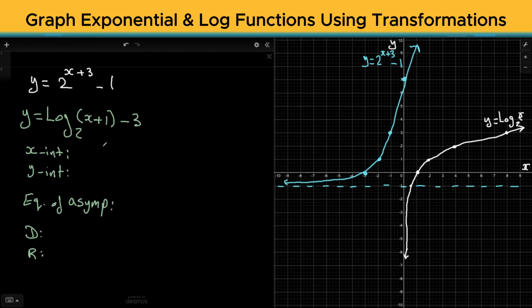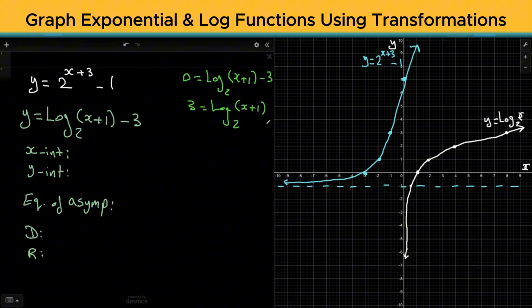So now let me find the x-intercept first. To find the x-intercept, I make y 0. So 0 equals log base 2 of (x plus 1), minus 3. Moving the -3 to the other side, I get 3 equals log base 2 of (x plus 1).